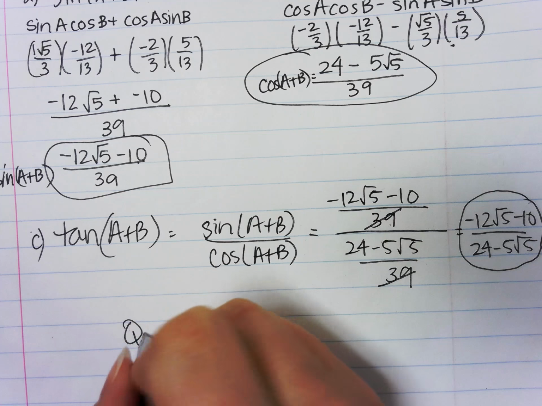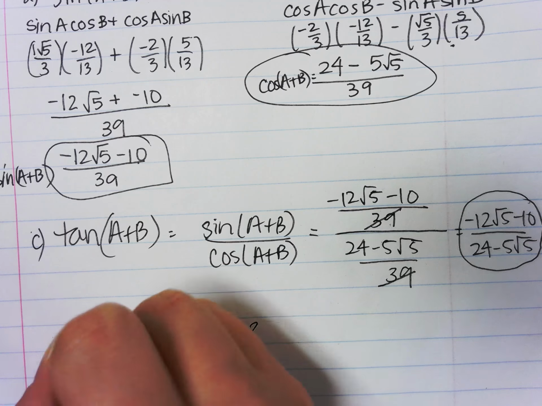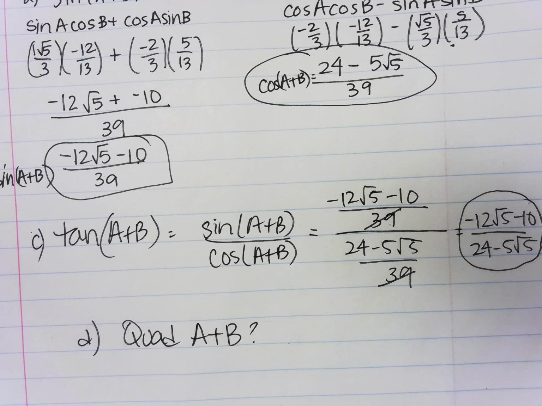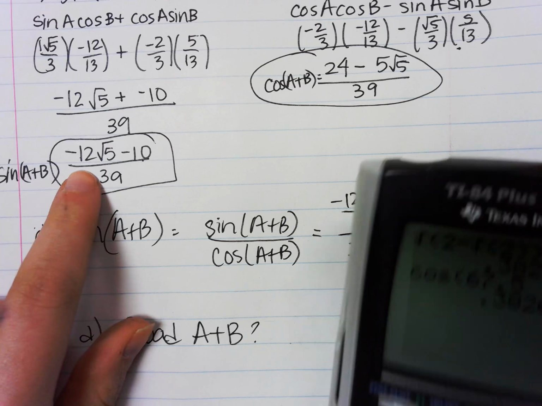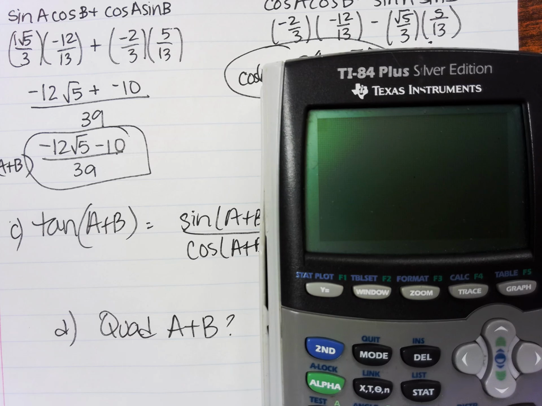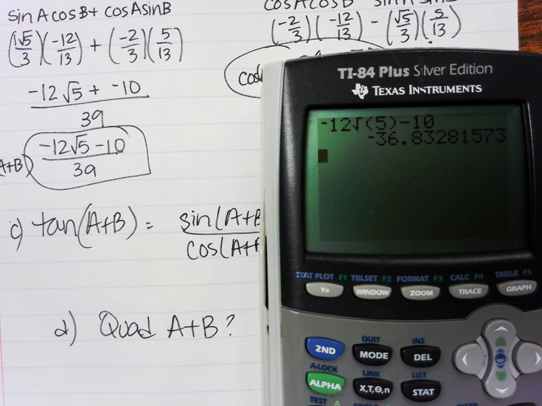Okay, so then for the quadrant of a plus b, we have to again look at our sine value and our cosine value. So what I would do is look at the numerator of this, because our denominator is positive, which means if we have something that's negative over something that's positive, that whole quantity is going to be negative. And this one you can tell right away that it is negative. We don't even need to compute it, but we get negative 36.83.